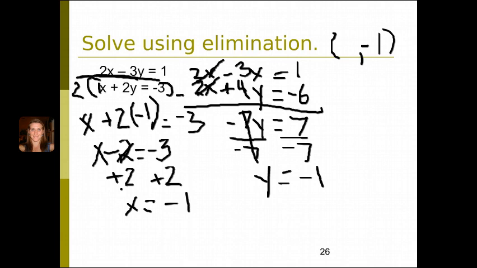Now we need to check our answer to make sure that the solution is true in both equations. So we have 2 times negative 1 minus 3 times negative 1 equals 1. 2 times negative 1 will give us negative 2.